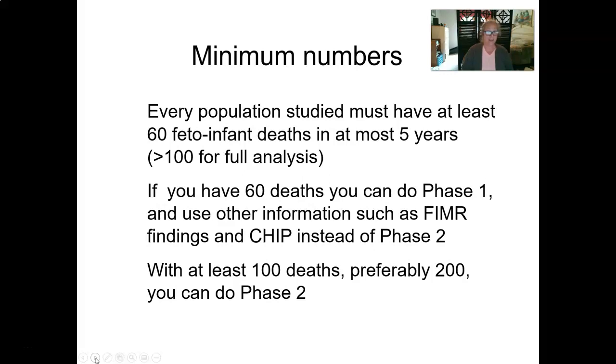And if you only have that number of deaths, you'll really have to rely on some other sources of information, qualitative information, things like FIMR, to dig further. And it's a good idea to use those to dig further anyway. If you have more deaths, say over 100, 200, in that range, you can start dividing populations, and you can also do a full phase 2 analysis to really get at all that the vital records data has in it for you.